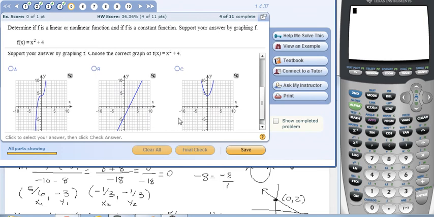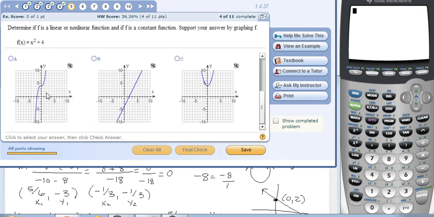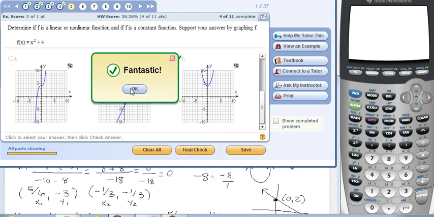Okay? So here, this is a cubic, this is linear, this is quadratic. Always when you have a 2 on here, it always makes a picture like this, or the upside down value. It can go upside down too, it can go this way. So we're in this right here. Fantastic.